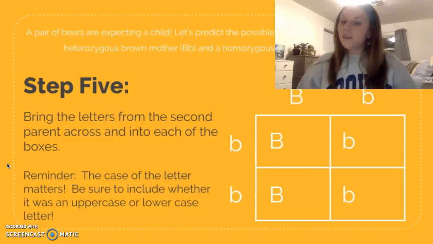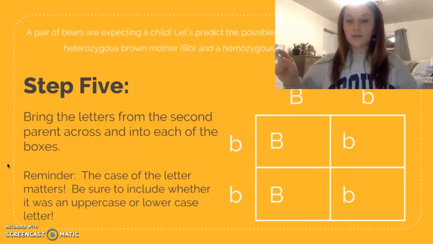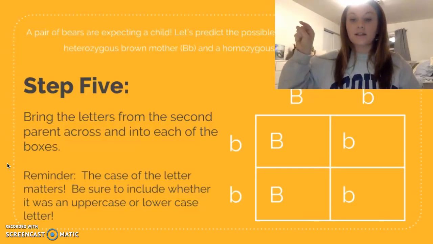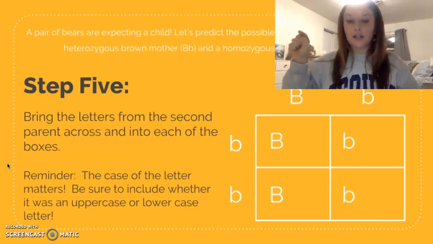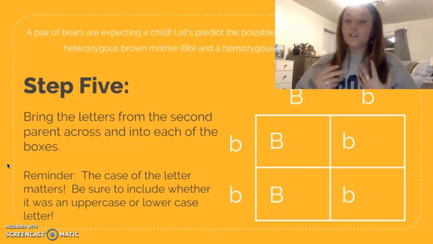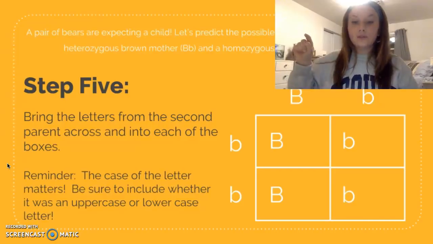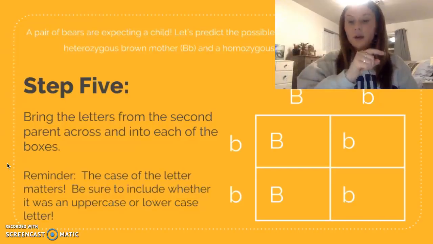Step 5 looks similar to step 4, but instead we're now going to transfer over the genetic information from the second parent, the information on the left-hand side of the Punnett square. It's 2 lowercase b's, and so we're going to take the first lowercase b on the top and transfer it across.